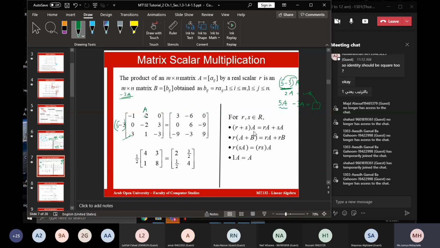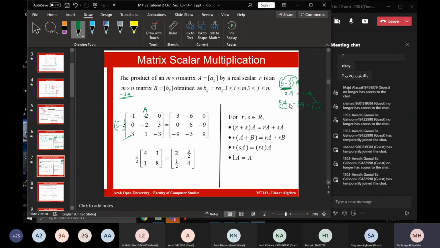صح؟ يعني أبسط. بدل ما تشتغل بالماتريسز, these are numbers only. So I can easily add or subtract and then multiply times A, the result. So (R plus S) في A is RA plus SA. Now, a small letter for the real numbers, a capital for the matrices.